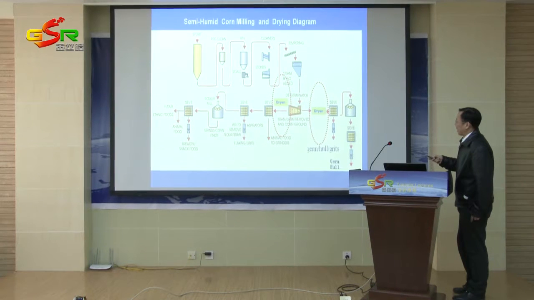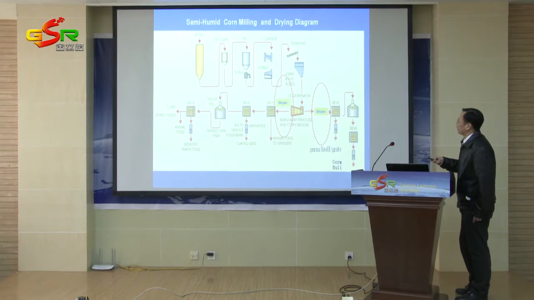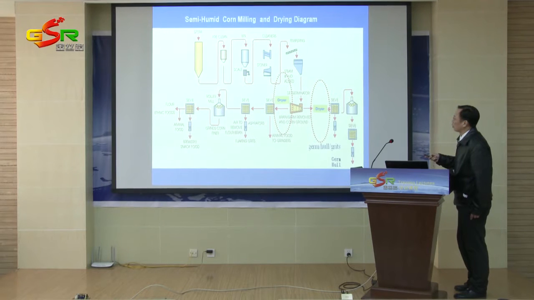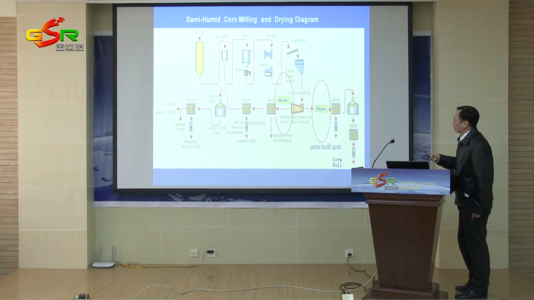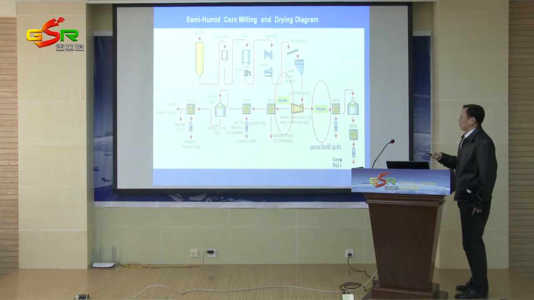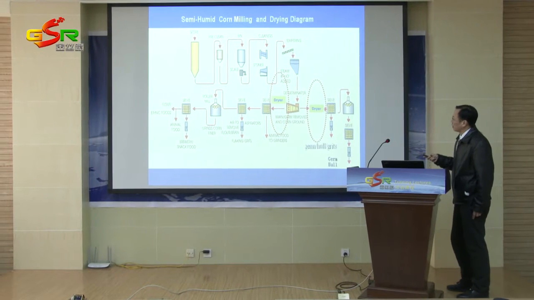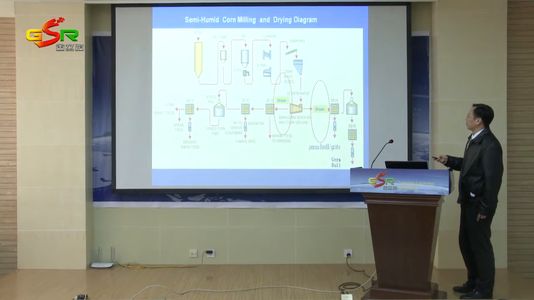And the tailstock also uses the dryer to dry the main kernel of the corn to maintain satisfaction to meet the grinding requirement and the sieve requirement.